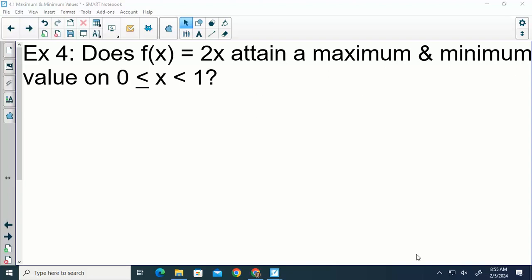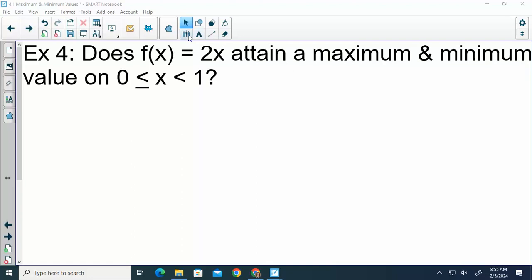So does this attain a maximum and minimum value on the interval 0 less than or equal to x less than 1? All right. Couple ways we could think about this. We know what this graph looks like, don't we?